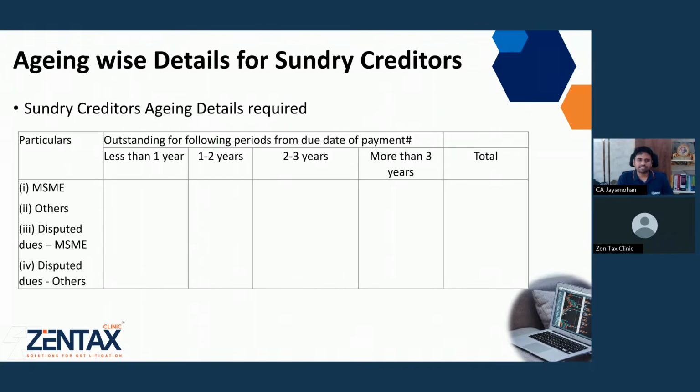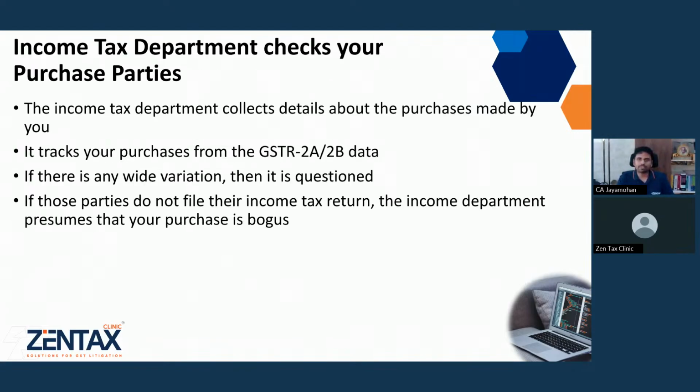Creditors ageing, I already explained. This is the schedule which is enclosed along with the Schedule 3 format of the financial statements of companies. Then these are the general transactions related to purchases that are reflected in GSTR-2B.